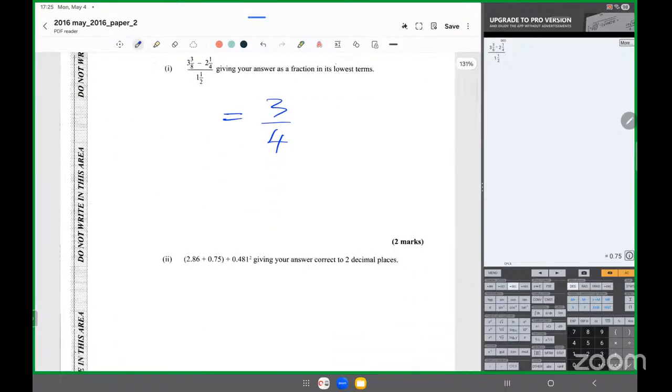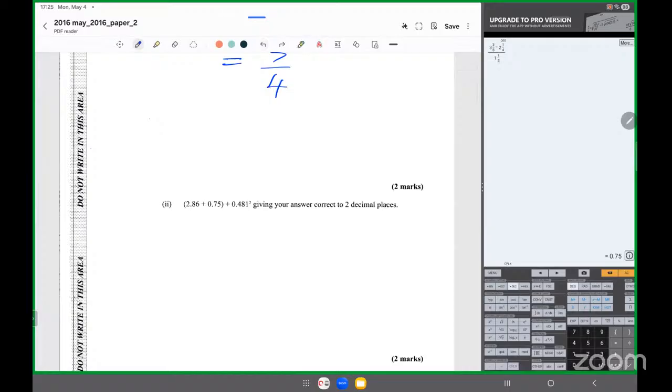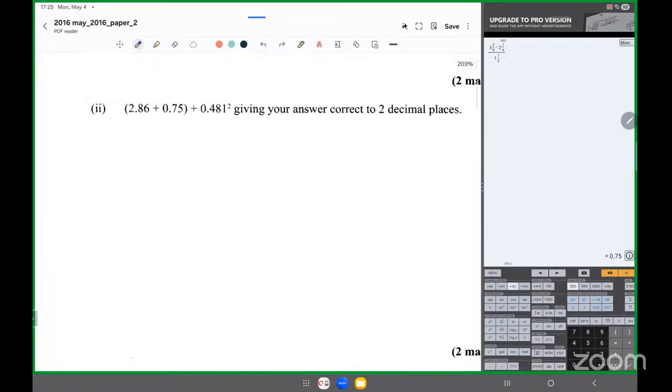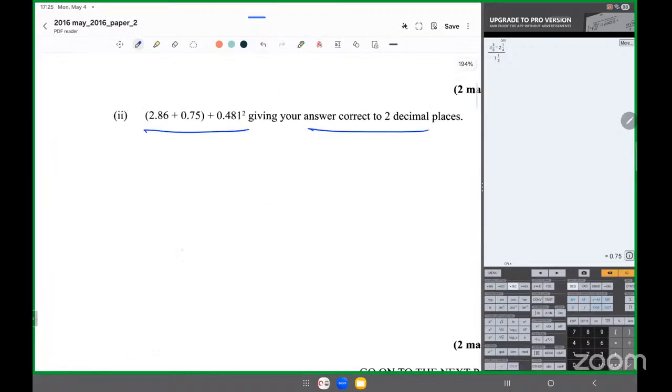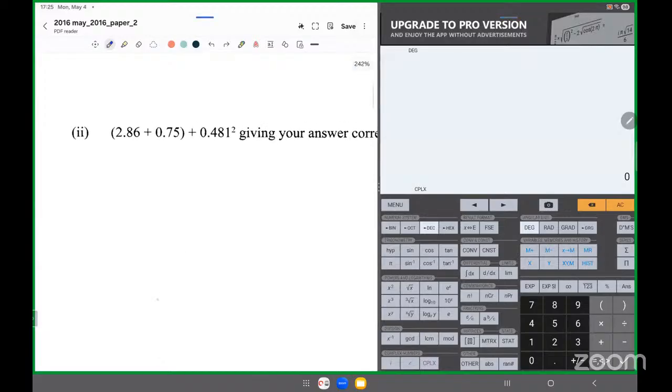All right, and that's the first 2 free marks on this paper. Next question. Write this out and give the answer to 2 decimal places. So make sure you clear the calculator properly. I want to make sure you get this right. I'm going to type this in the calculator again.